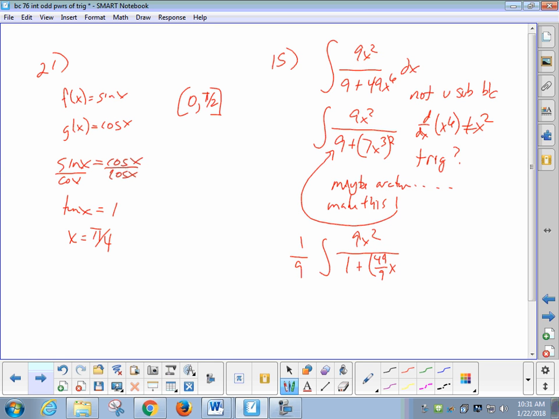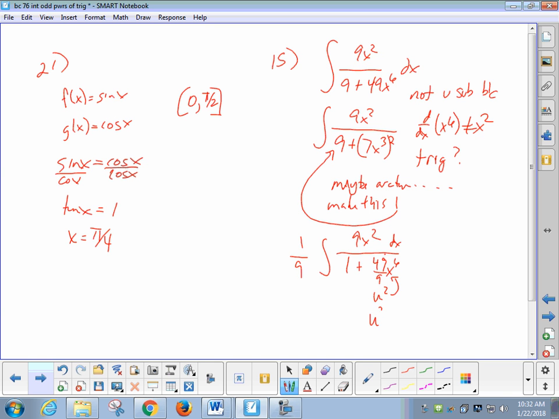This one's rough, all right. Okay, so I view this as not U sub because the powers don't work out, so I'm thinking more like arctangent. In preparation for that, I made the 1 happen first. Now, if this goes well, this should be U squared.